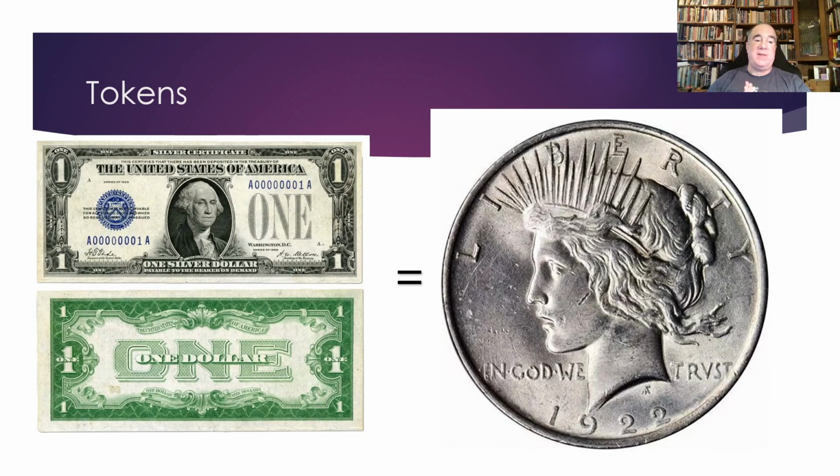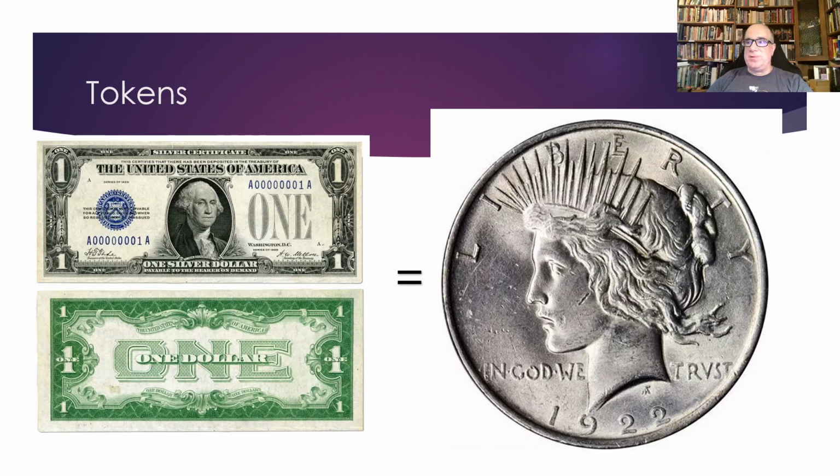Now, this is a perfect example of a token. This is a silver certificate, and you can see that it looks a lot like a dollar bill, but it's not a Federal Reserve note. These were used in my grandparents' day, and it says here, this certifies that there has been deposited in the Treasury of the United States of America one silver dollar payable to the bearer on demand.